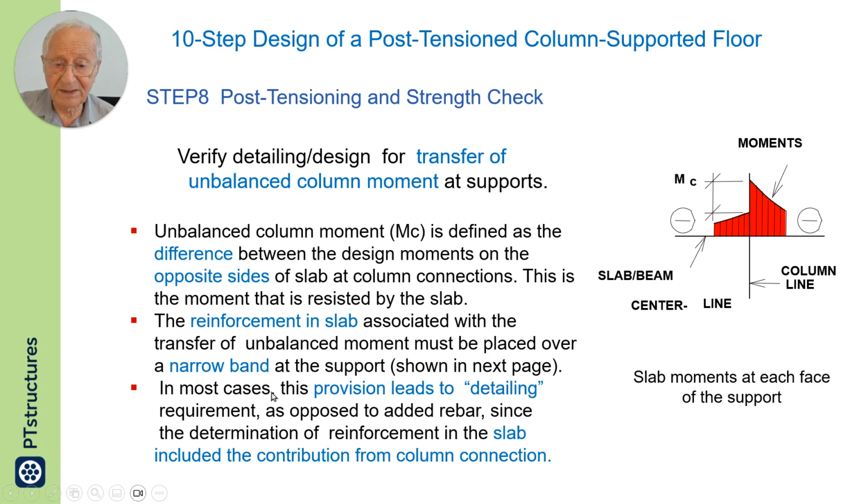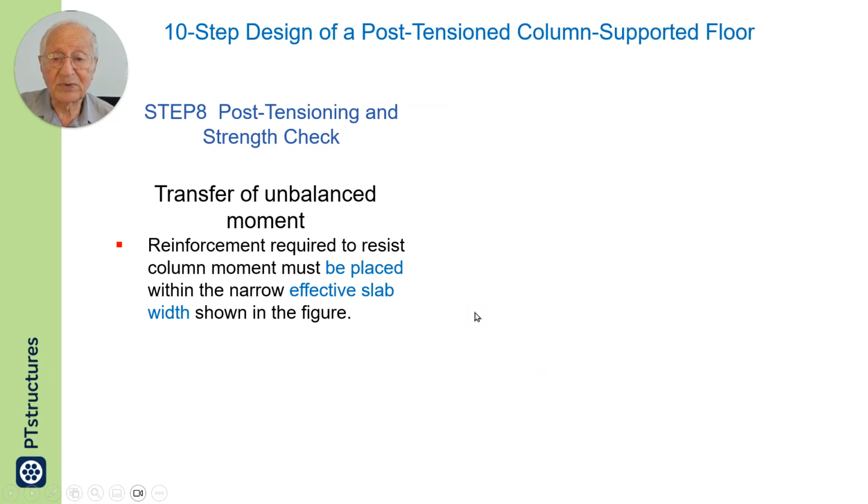In most cases, the provision leads to detailing requirements as opposed to added rebar, since the determination of reinforcement in the slab included the contribution of column connection. When we designed the slab, we designed it for this and we designed it for this. So we have the reinforcement. It's placement.